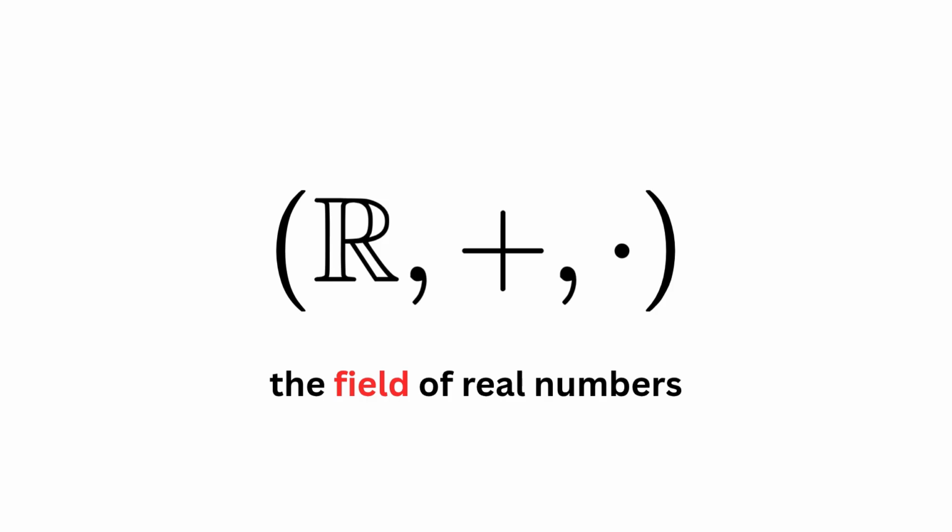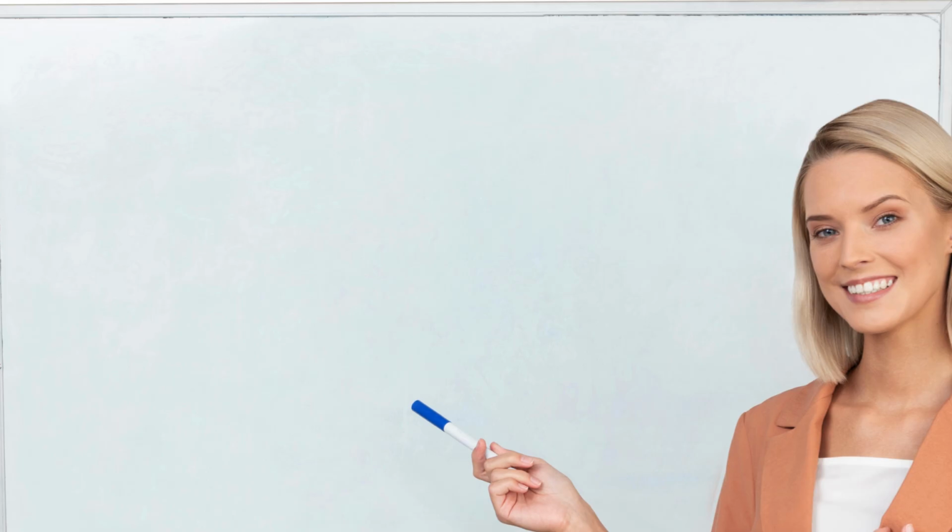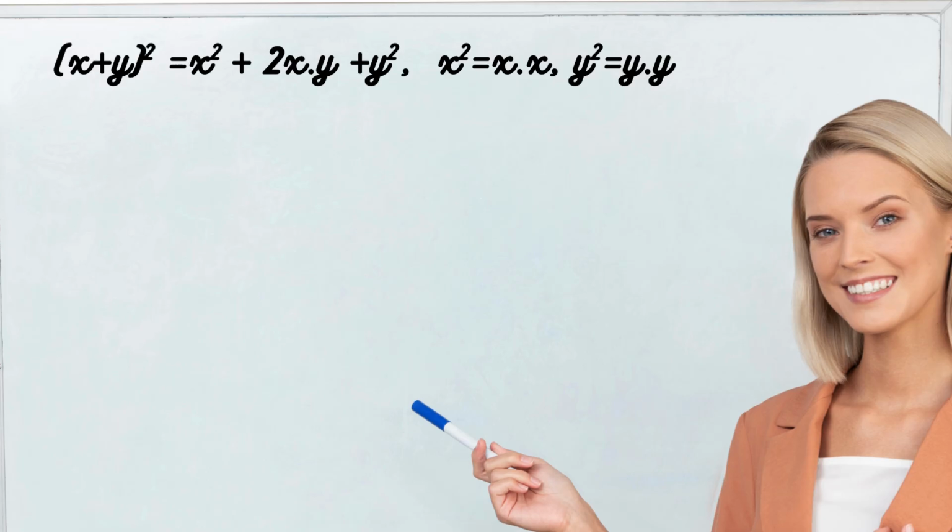Any calculation you have ever done in your math classes goes back to the properties I just enumerated in this video. Let's see an example. Consider the well-known identity. The steps proving the identity are as follows.